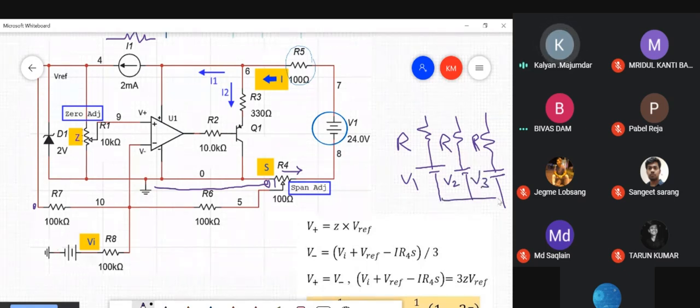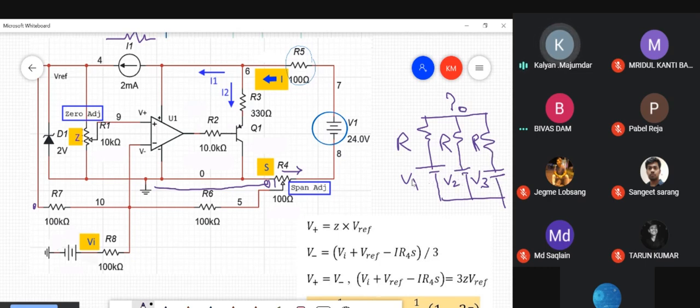All three resistances are identical. So what is the potential at this point? It, as you know, comes from the superposition theorem. First, consider the contribution of V1. At that particular point, consider V2 does not exist, the voltage source ideally short-circuited. V3 does not exist, short-circuited.